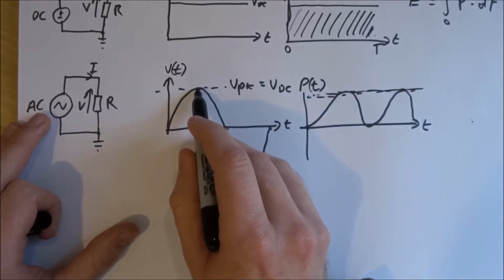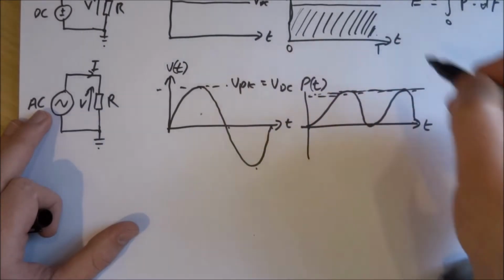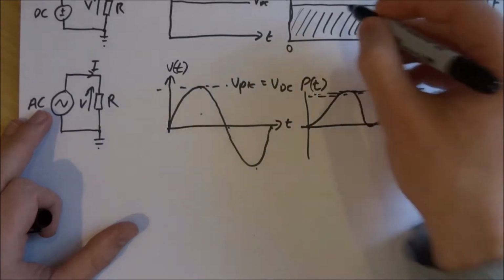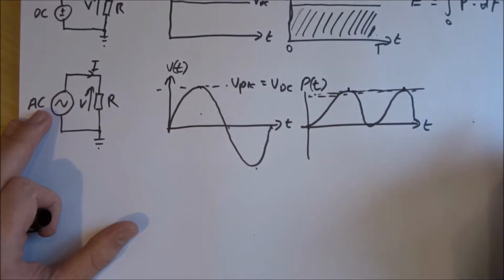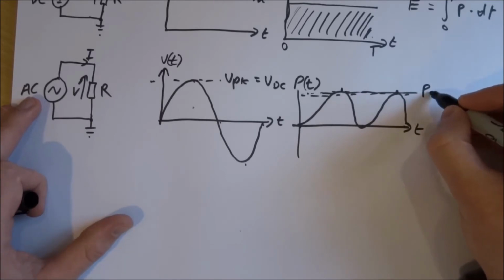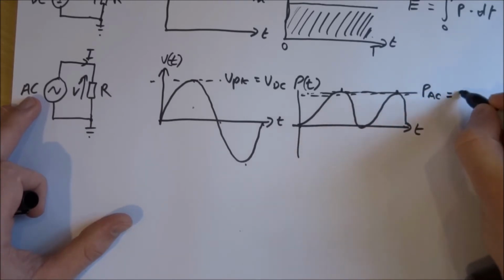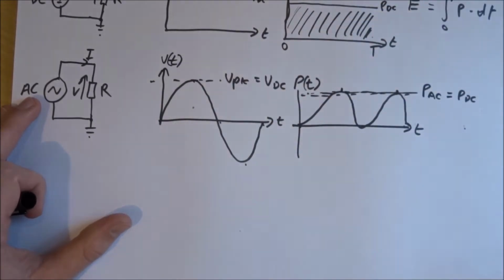Because we made the peak voltage equal to the DC voltage, then the power dissipation in the load in the AC system will be equal to that in the DC system at the peaks only. So at this point here, the P AC is equal to P DC, if we call this one here P DC.